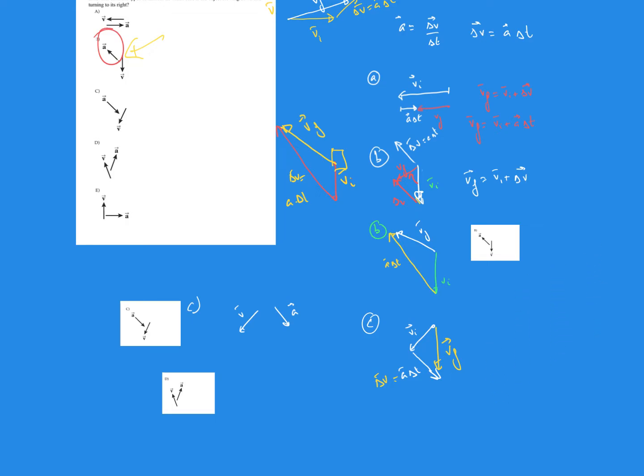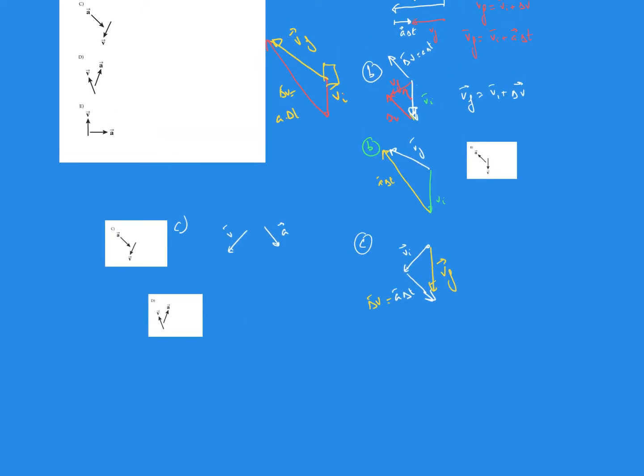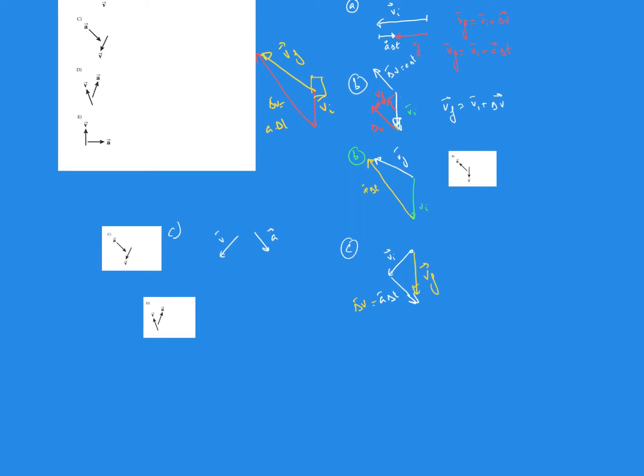D, well, where is D? D should be here. No, D is not here. Let's do it. This is V initial. This is the vector V initial. Now comes A by delta T. A goes like this, in this direction, and A by delta T is the change in the velocity.